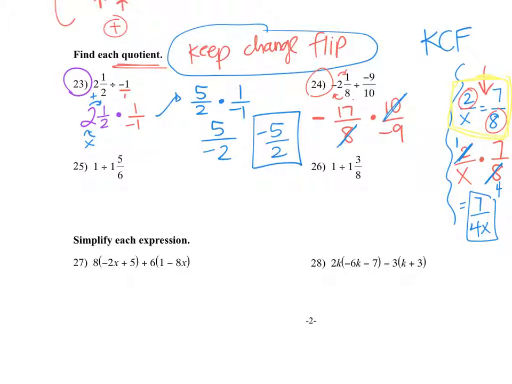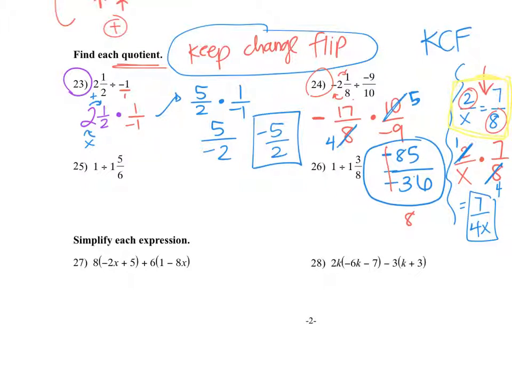So I cross canceled, and I'm going to divide by 2. So this becomes a 5, and this becomes a 4. So now negative 17 times 5 is negative 85 over negative 36. There's 2 negatives, therefore I can just cross those out because a negative divided by a negative is a positive.